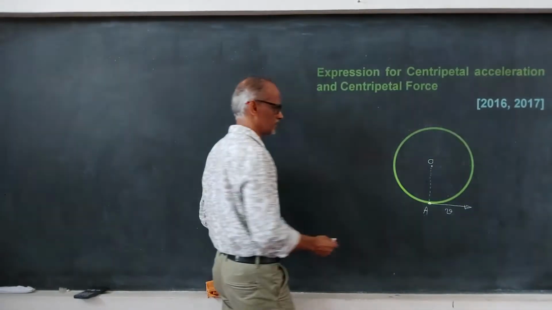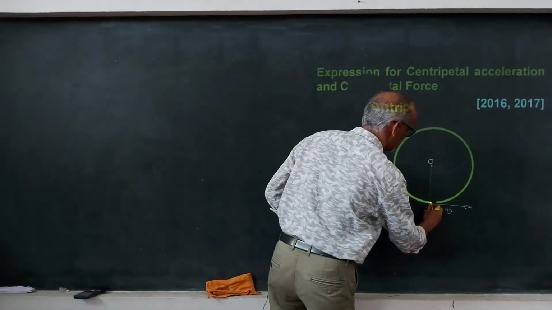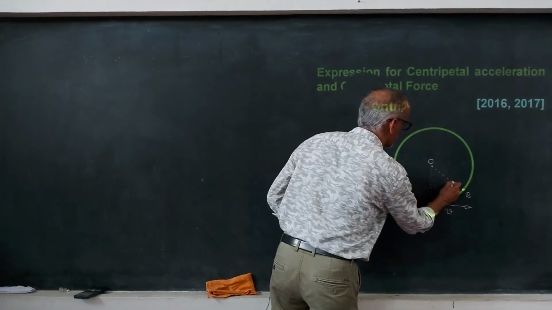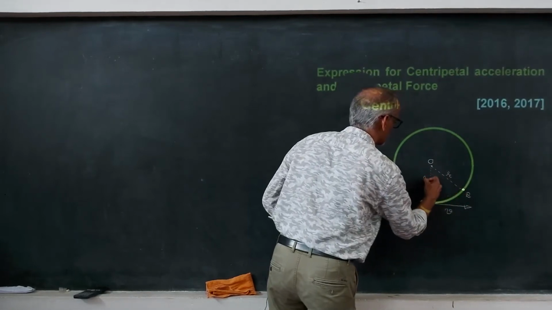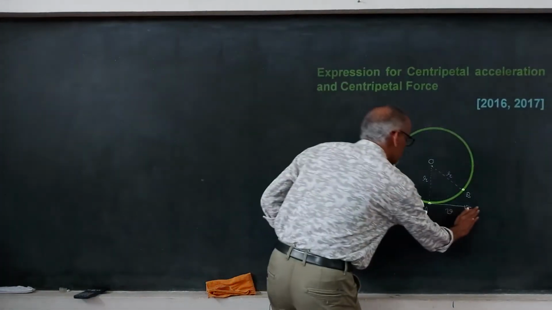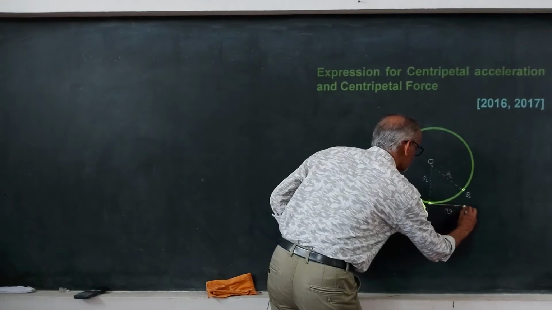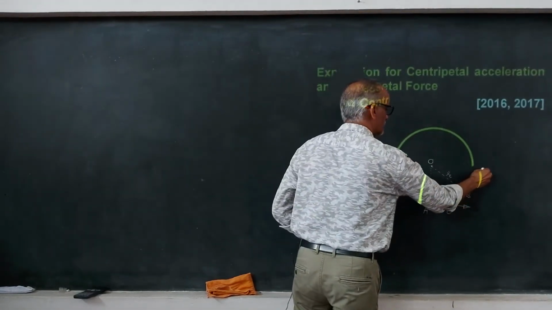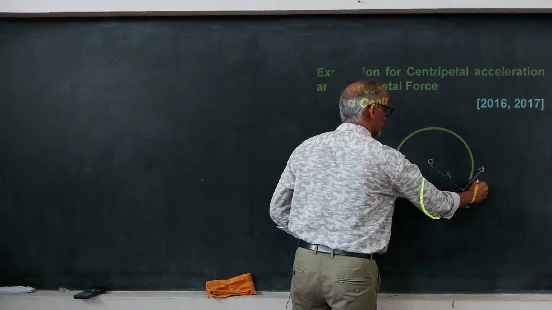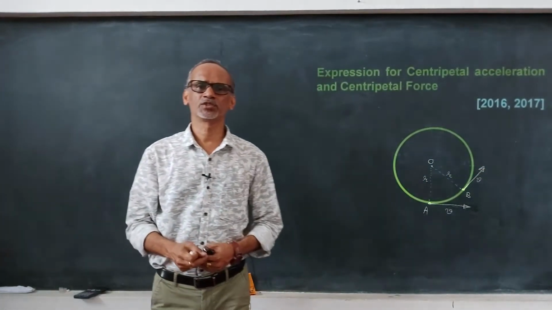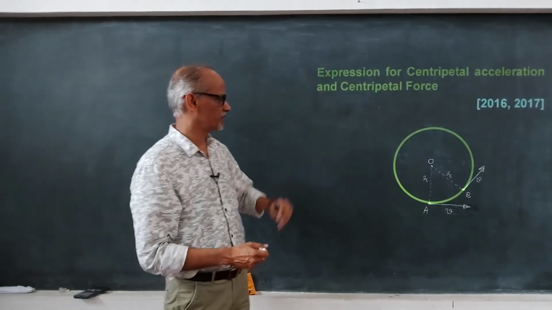And from there, it moves to another point B, which is very close to A. This is still r, which is the radius. At that point, its velocity is here, tangential again. So, our aim is to find the change in the velocity as it moves from A to B.